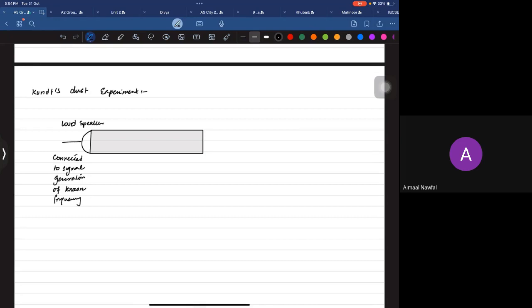So when the stationary waves are formed like that inside this tube, right? So, well, this doesn't look very good. Let me try to make nice ones. Ah, crap.